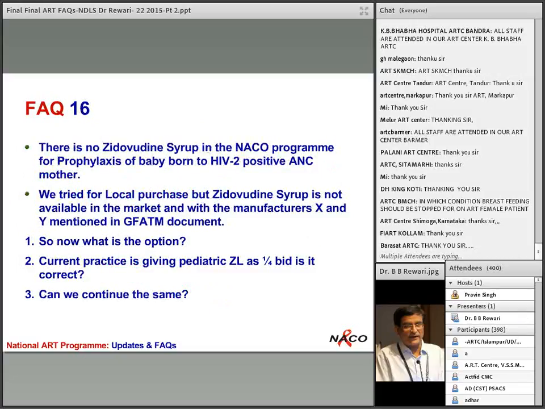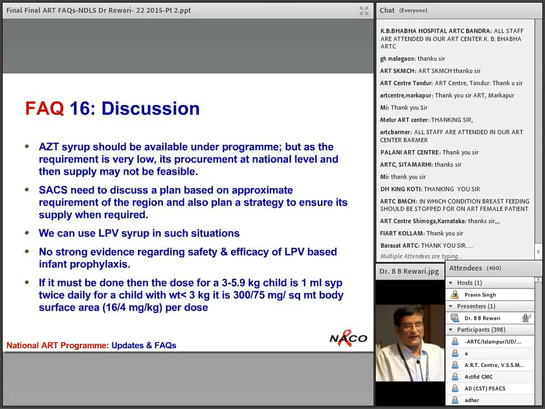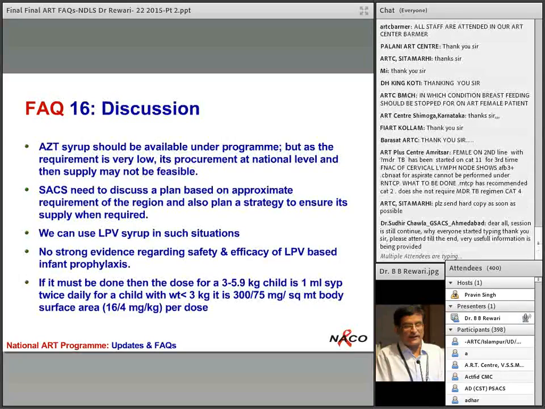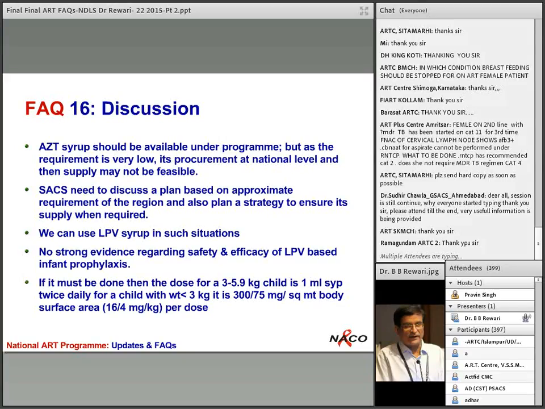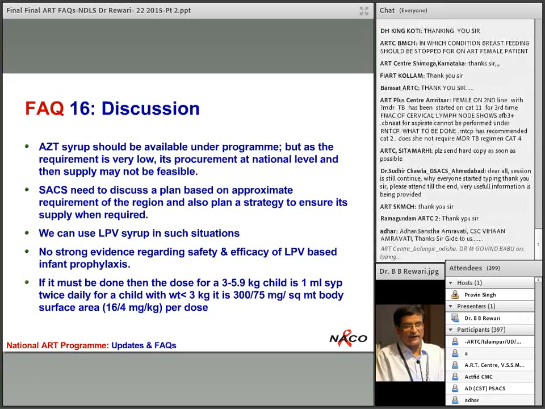There is no zidovudine syrup. I think the authority for zidovudine syrup has been given to SACS to procure from their own level, at the center level, at the patient level. Wherever it is available, it should be procured, but unfortunately it is not available at any level. So in this situation where it is HIV2 or nevirapine exposed, the AZT syrup guideline cannot be implemented for non-availability of syrup.